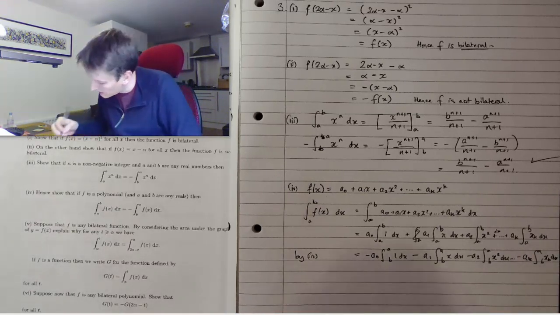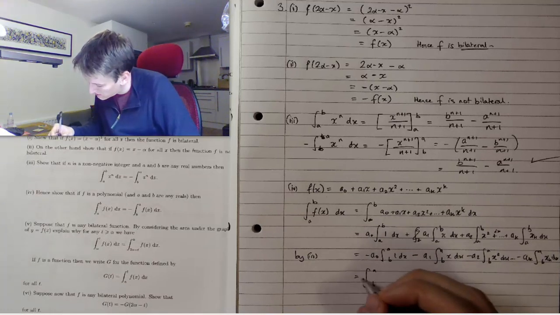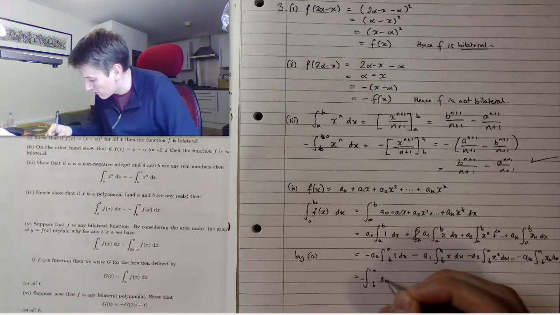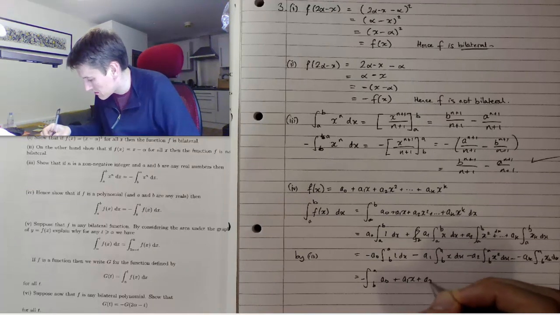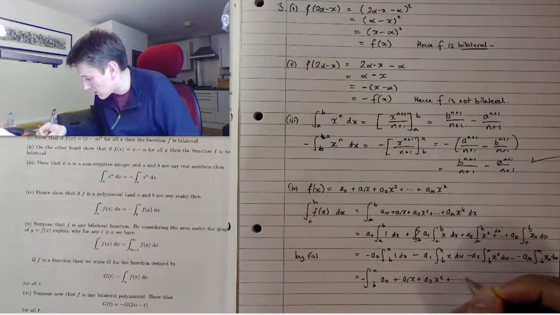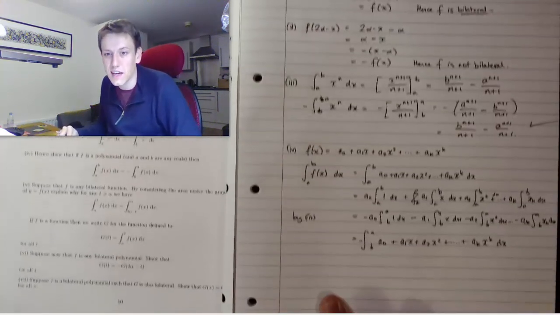Okay, and then again I could put these all back into a single integral, so that's minus the integral between a and b of a0 plus a1x plus a2x squared all the way up to ak times x to the k dx.